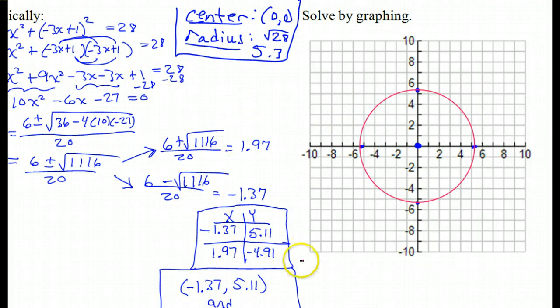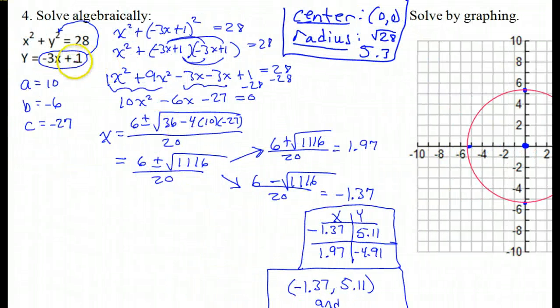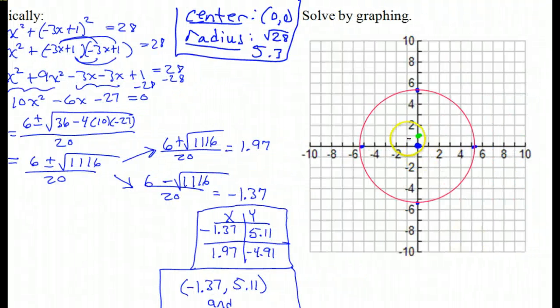Where is that line? I forgot about it. Oh, I see. y equals negative 3x plus 1. So the y-intercept is 1, and we'll start here at positive 1. The slope is negative 3 over 1, so that's down 3, right 1, over and over again.